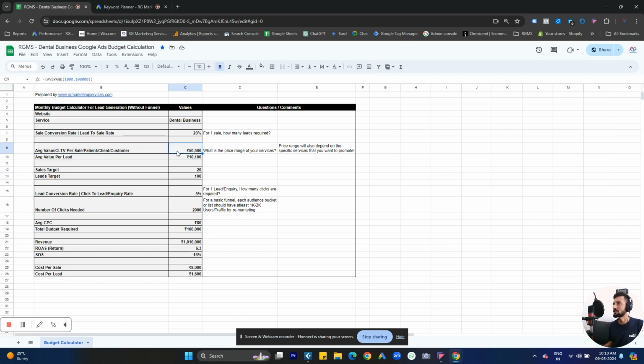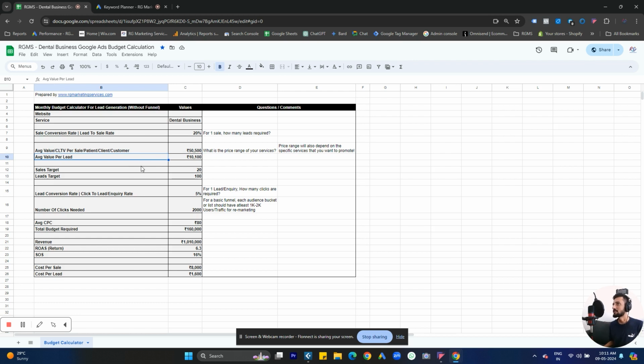So in the calculation of this figure, I have considered the average price ranges. Okay, so suppose a dentist or dental clinic has a price range of somewhere around 1000 rupees to 1 lakh rupees. So I've taken the average of that and it comes down to 50,500 rupees in this case. So yeah, this is how it is calculated. Basically it's the price range and the average of that price range that you can expect from a customer to get.